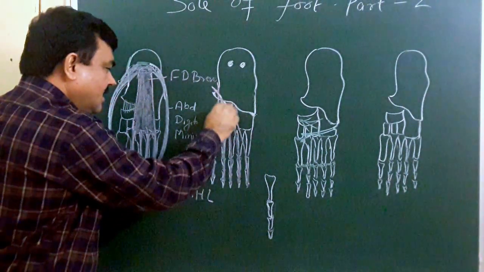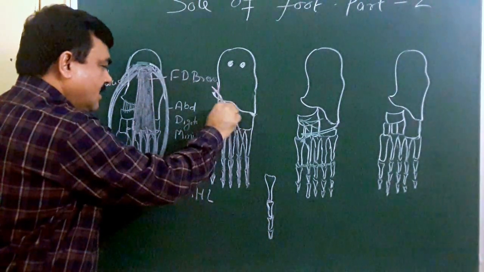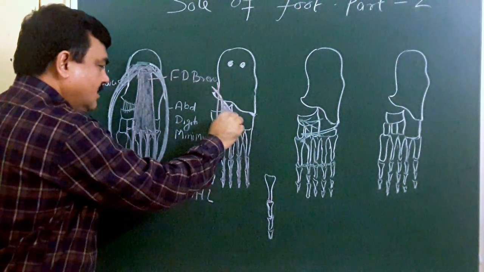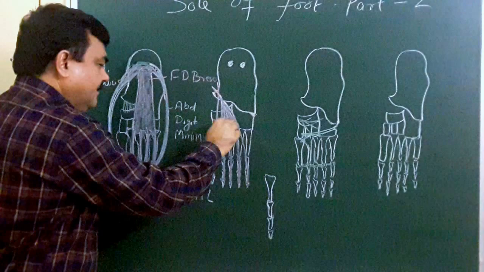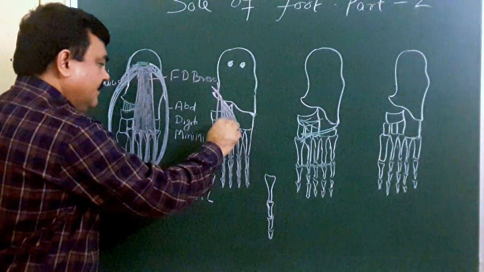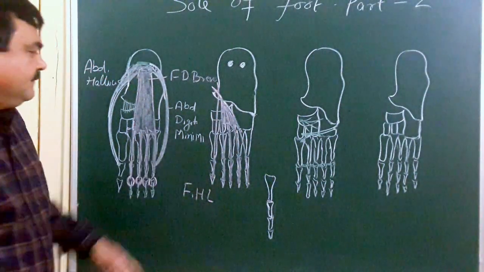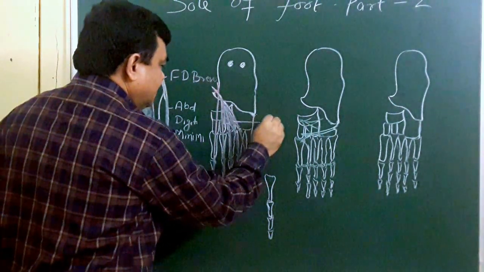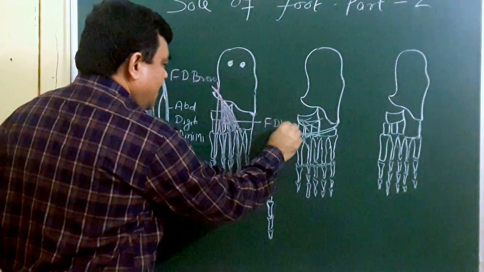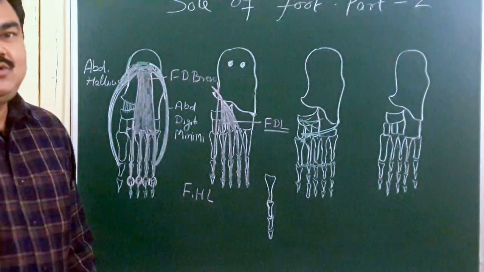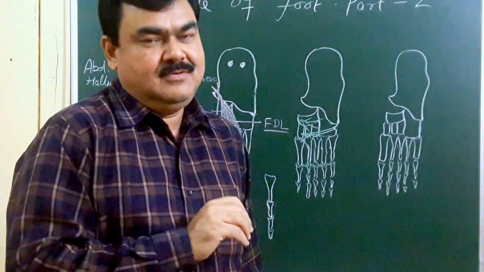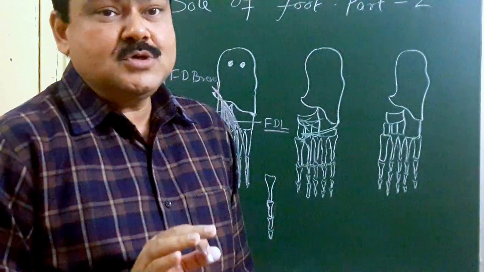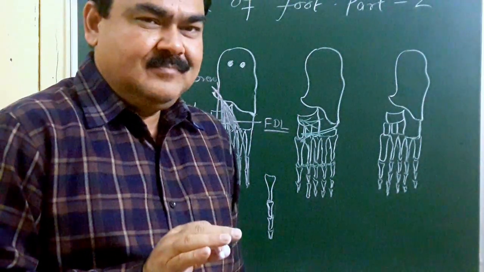So these are the four tendons of flexor digitorum longus. This is flexor digitorum longus. So these are 2 extensive muscles that arise from the posterior compartment of the leg.